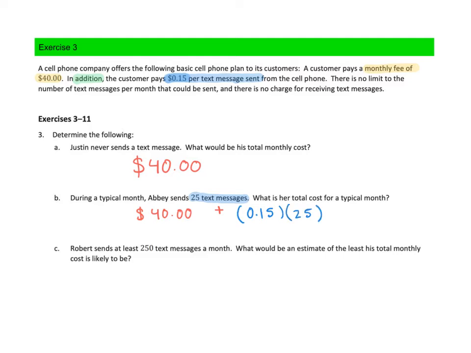Okay, and we can figure that out pretty quickly. Just do it in our calculator. 0.15 times 25 equals $3.75. So now I'm doing $40 plus $3.75. So her total monthly cost is going to be $43.75.